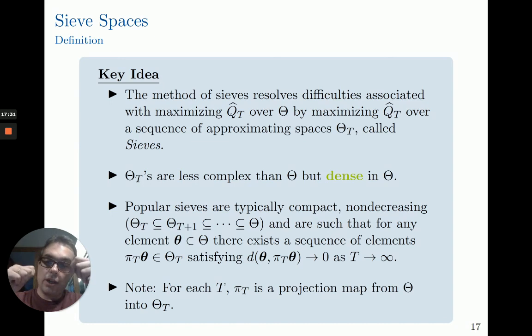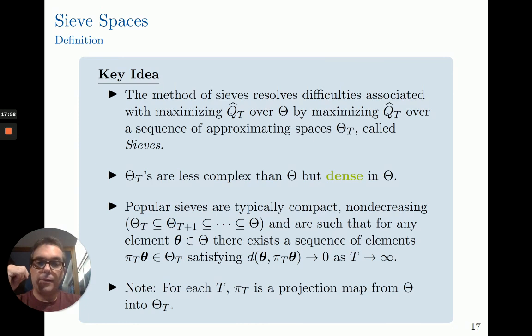So as we increase the complexity of the set, I'm now translating what you have on your slide, instead of searching over very complex function spaces, we are going to search over much simpler function spaces, but of increasing complexity. We allow this function space to get more and more complex in a sequence.